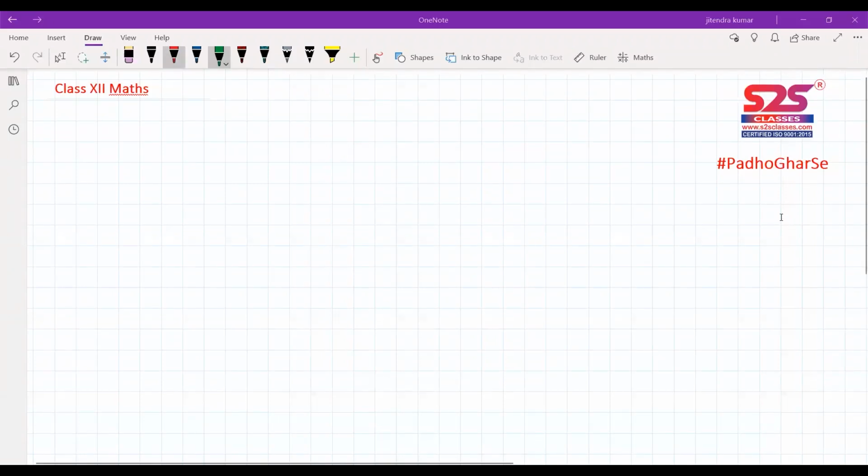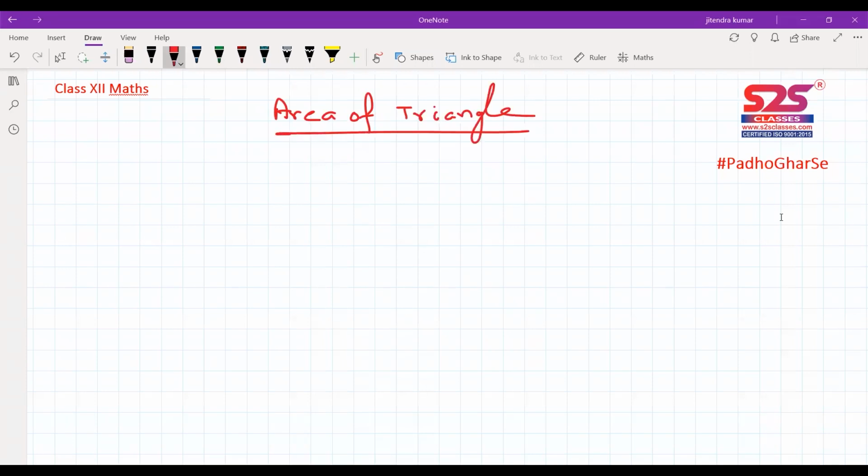So I'm starting with the area of triangle then. In area of triangle, basically we have to study how we can use determinants to find the area of any triangle, and it is related to coordinate geometry.